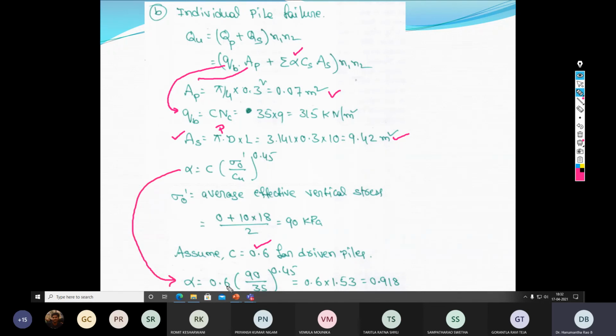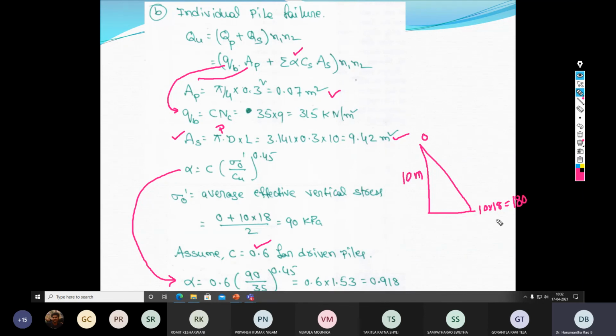Alpha is equal to 0.6 into, you need to calculate the sigma naught dash. Sigma naught dash is the average effective vertical stress. At the ground surface it is 0. Then the total length is 10 meter. Since nothing has been mentioned about the groundwater table location, at a depth of 10 meter it is 10 into 18, so 180 kilopascals.